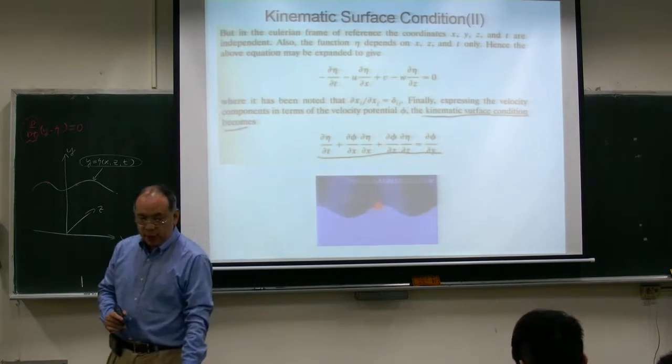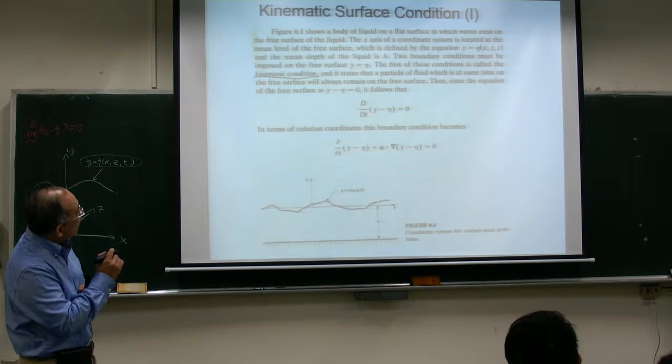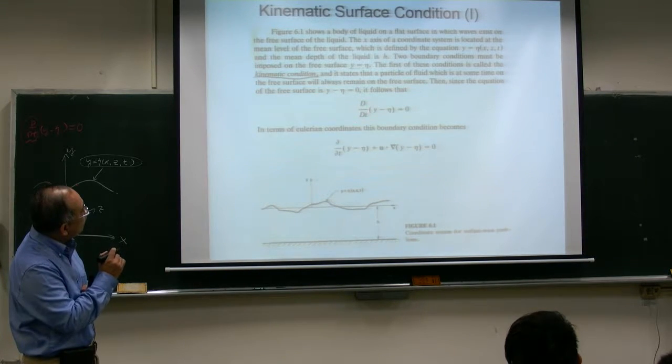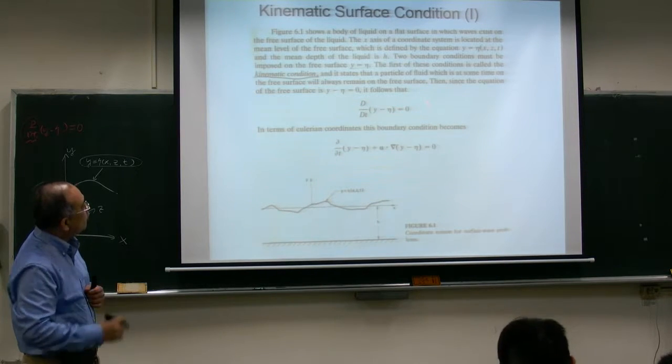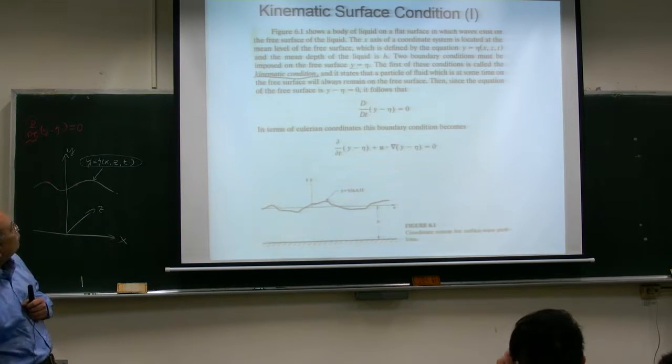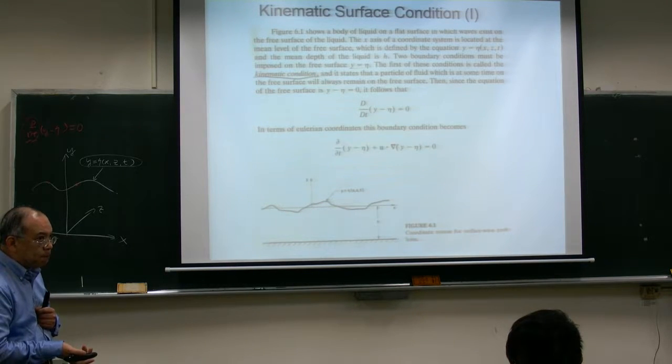So you should be able to understand the physical meaning of this equation: if you follow any fluid particle on the free surface, it is always on the free surface. This D/Dt represents the substantial derivative, as you remember.